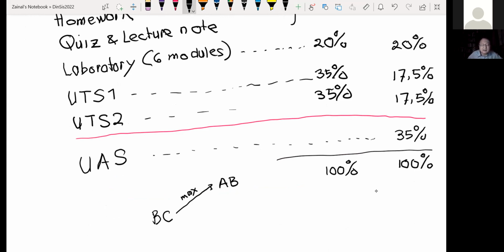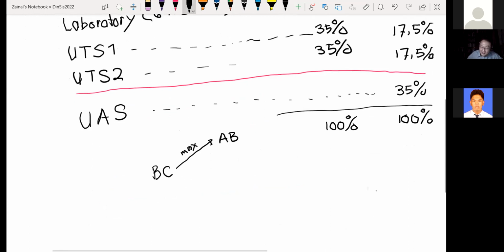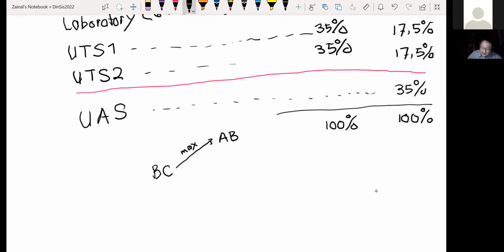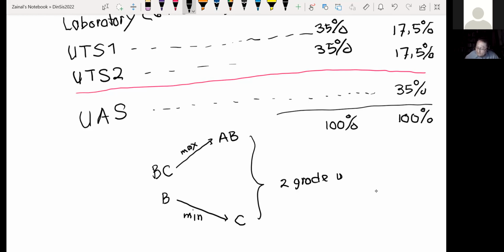You cannot get A. But if you have, for example, B, and you make bad final exam, then minimum C. 2 grade up or down.